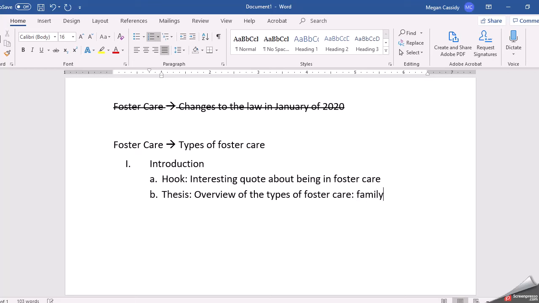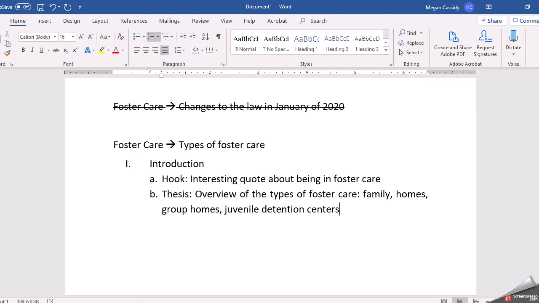There's foster care with families, with homes, private homes, group homes, privately run group homes, and possibly I might talk about juvenile detention centers. So I'm going to have an overview about that in my thesis.